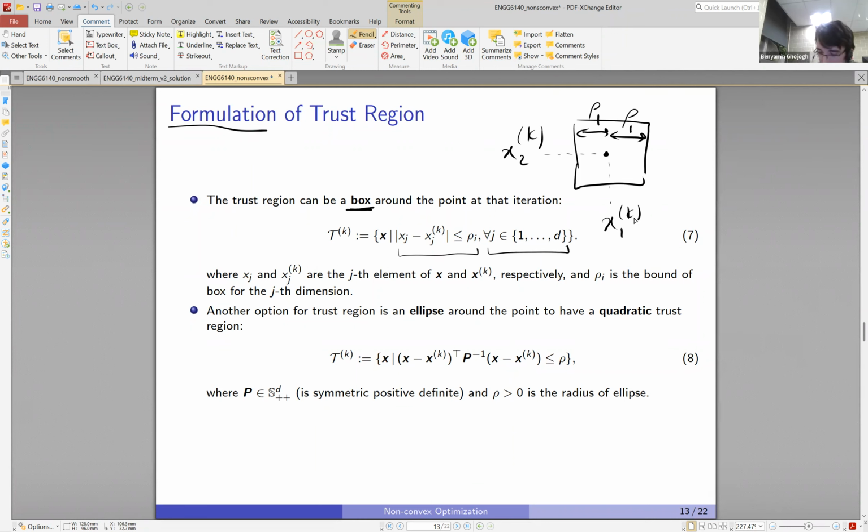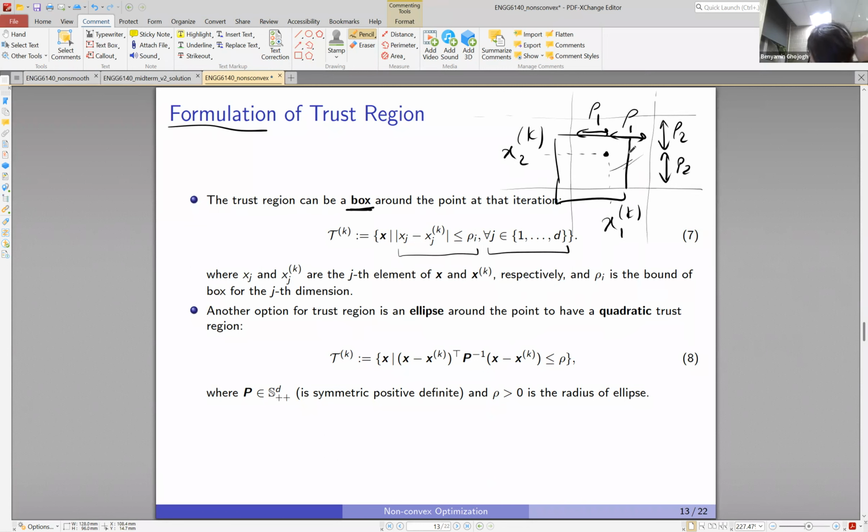So xk has coordinate 1 and coordinate 2 in 2D, right? So here in the first dimension, we'll say accept all of this region where points are rho 1 away from x1k. Also for x2, the second dimension, assume this is rho 2, this is rho 2. Accept the region here, all of the points here. Now the intersection of these two is just this box.